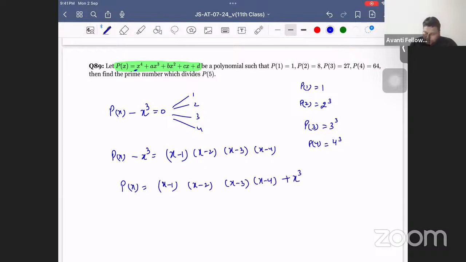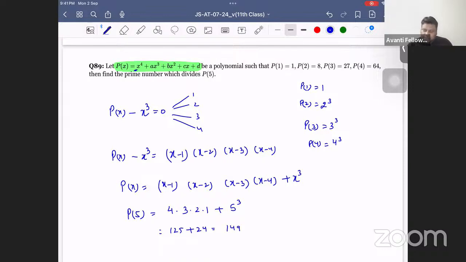Am I correct? So what is your P(5)? P(5) is going to be 4, 3, 2, 1 plus 5 cube. Am I clear? So it is 125 plus 24. That is 149. Am I clear? So this is how it is.